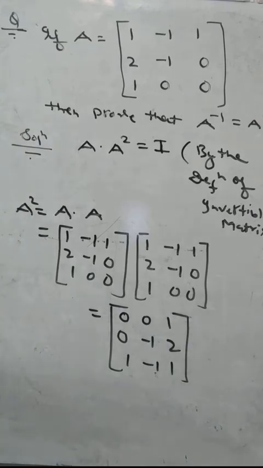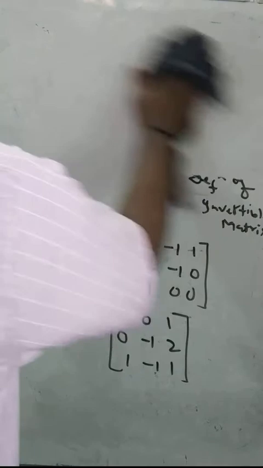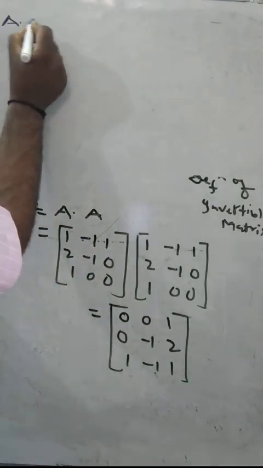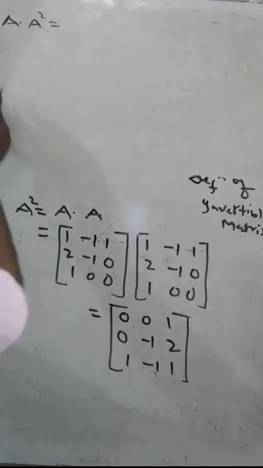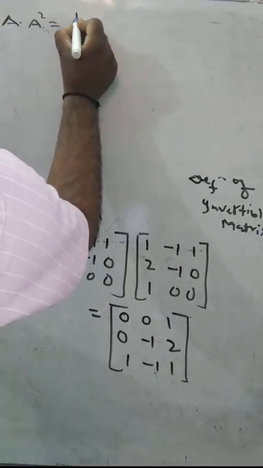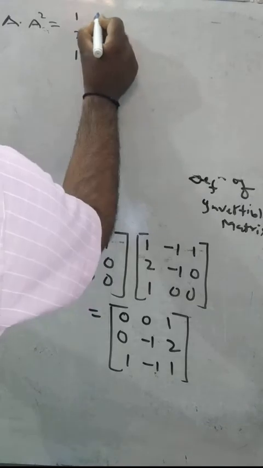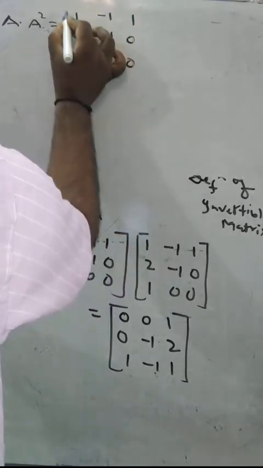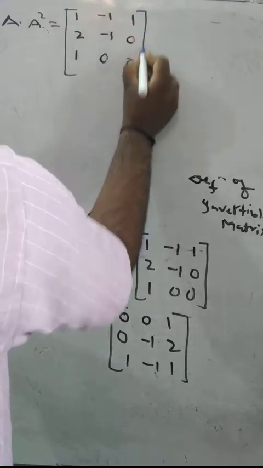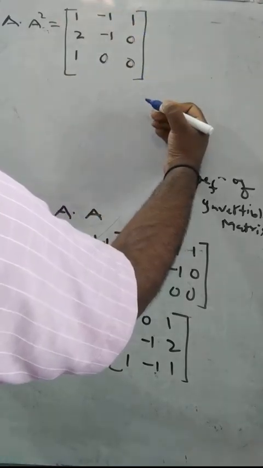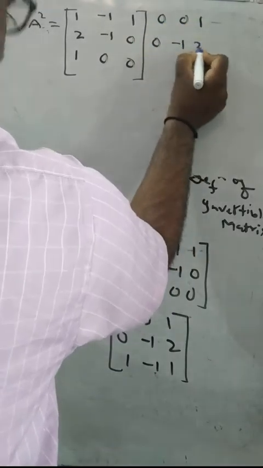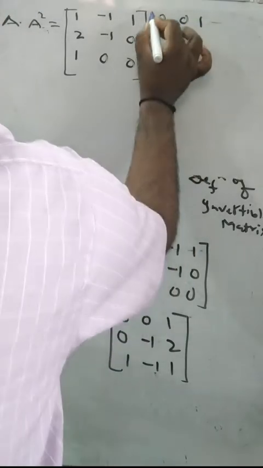Okay. Now, if I multiply A with A square, then what are we getting? The value of A is 1, 2, 1, minus 1, 0, 1, 0, 0. And the value of A square that we obtained already is 0, 0, 1, 0, minus 1, 2, 1, minus 1, 1.